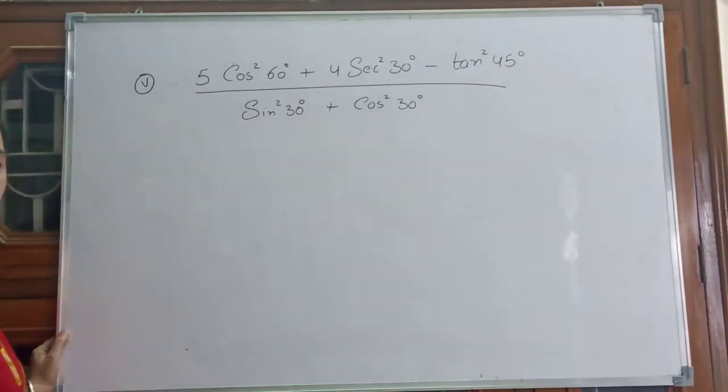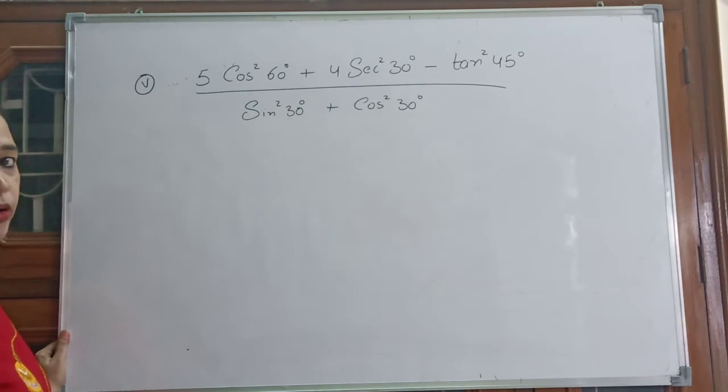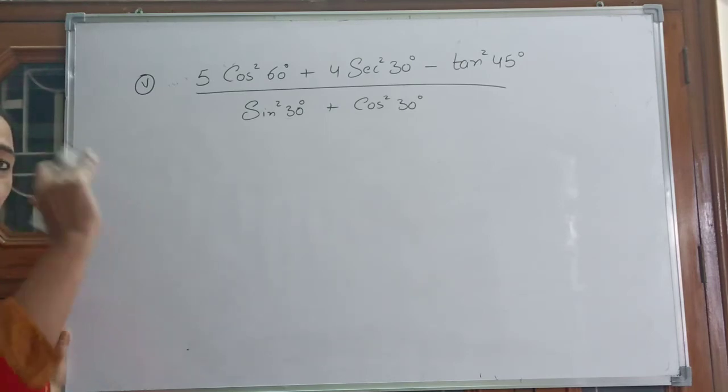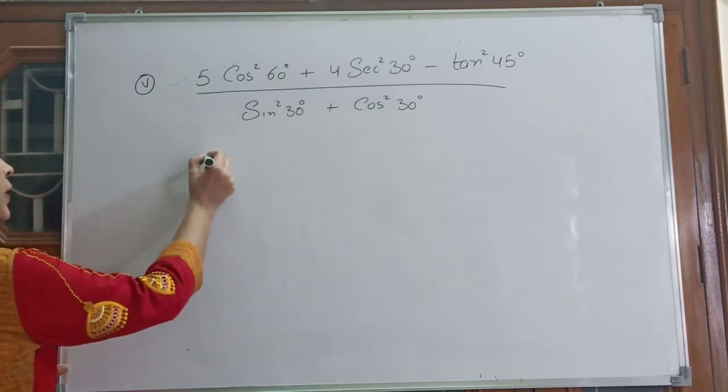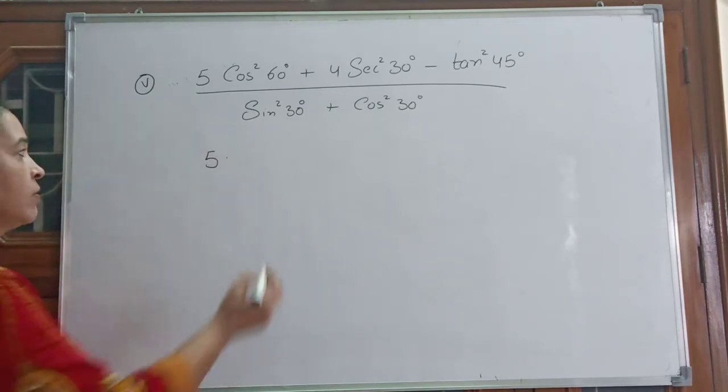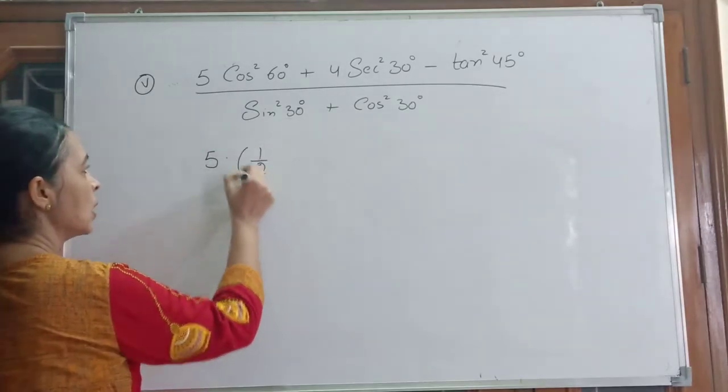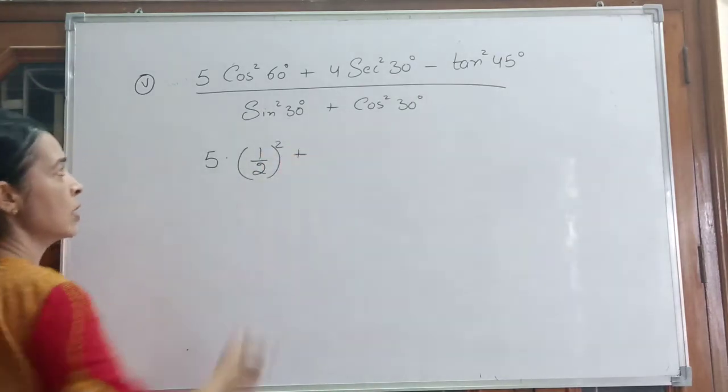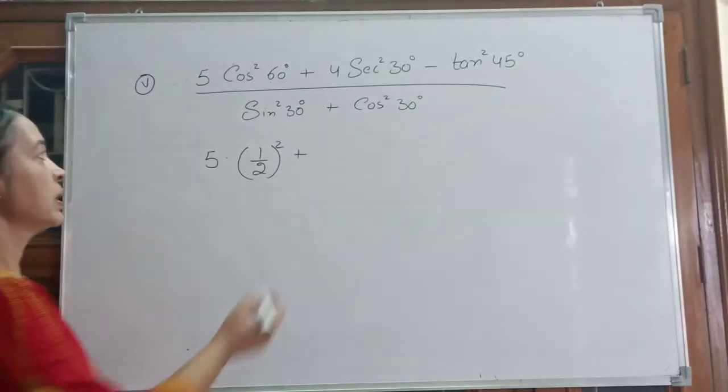Now 5 cos square 60 degrees. I have already told you that cos square 60 degree means cos 60 whole square. 5 into what is the value of cos 60? 1 by 2 whole square plus 4 into sec 30 degree.